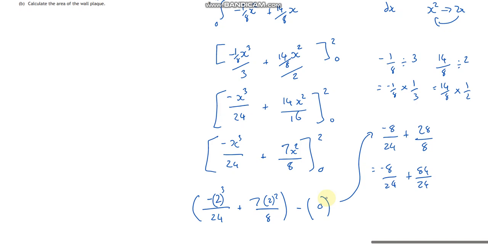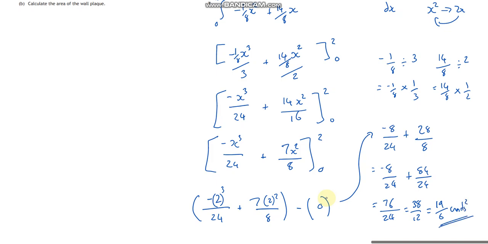So our final answer there is going to be 76 over 24, which is the same as 38 over 12. Oh, my head's starting to get sore, which is 19 over 6. Oof, okay, so 19 over 6 units squared.